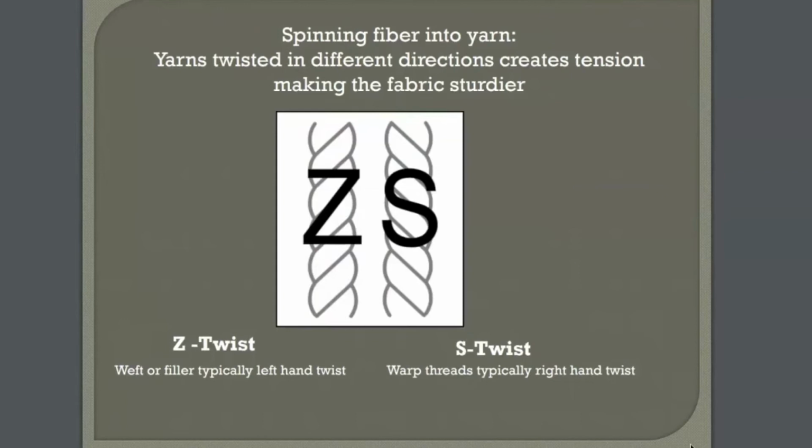Think about what happens when you twist your hair together, either left or right. Left-handed twist is a Z, right-handed twist is an S, and you let it just sit there. Well, it stays fairly well, but it also can come undone.